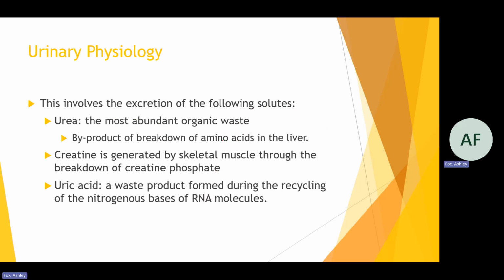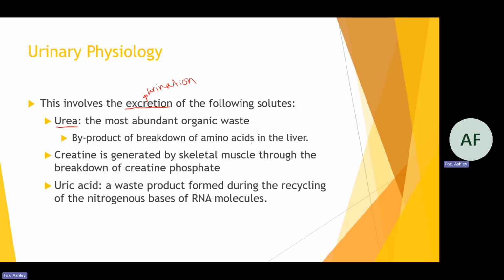So if we're looking at excretion, that is getting rid of it. That is peeing it out. So urination is how we excrete things, get rid of them from the body. The major waste products that we see in urine, first is urea, and that's the most abundant, the highest amount of organic waste.